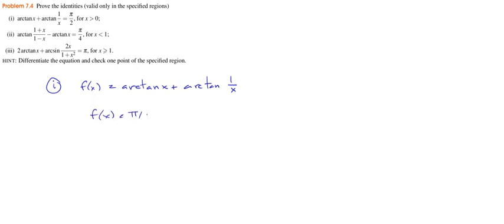This is pi over 2, a constant, if x is greater than 0. That means, in other words, that the derivative of f is going to be 0. So in order to check this, we have to compute the derivative of f.